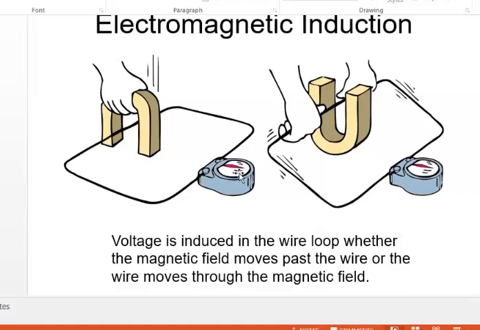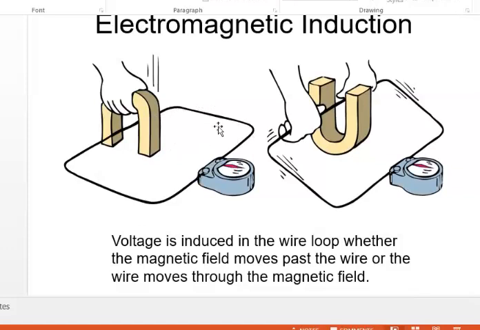But when this magnet keeps on moving, either sideways or up and down, you will see that the pointer of the galvanometer deflects. So the deflection in the galvanometer's pointer depends on the movement of the magnet near the conductor.